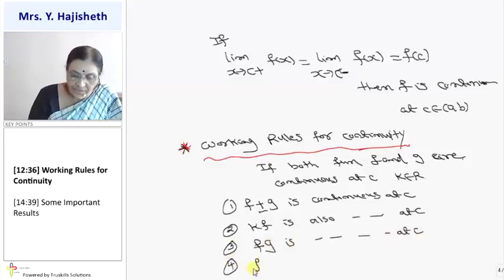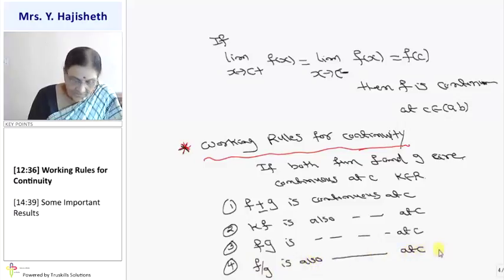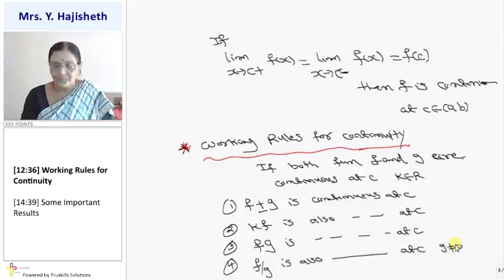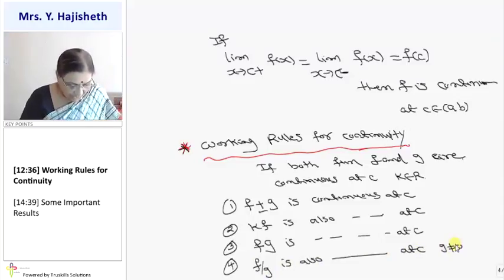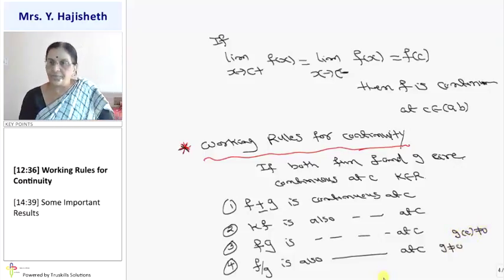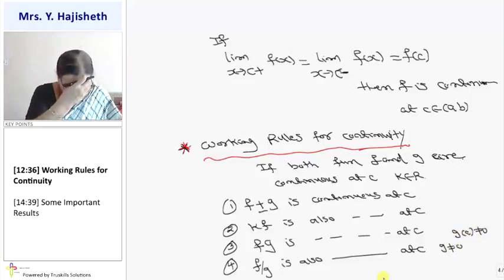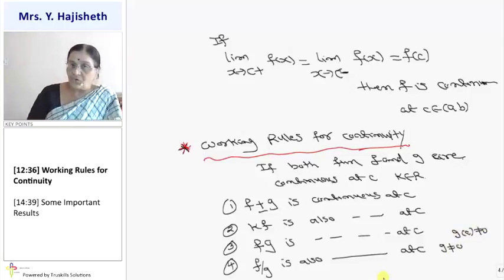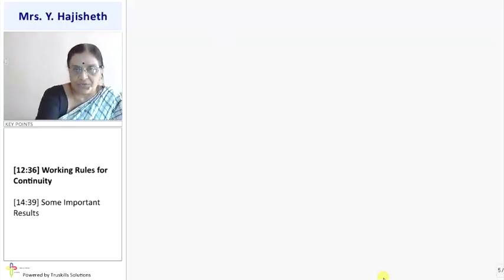Fourth, f by g is also continuous at c, provided g(c) should not be 0. g(c) should not be 0. Clear? k by g is also continuous at c. All these are called working rules of continuity. We are accepting them without proof.